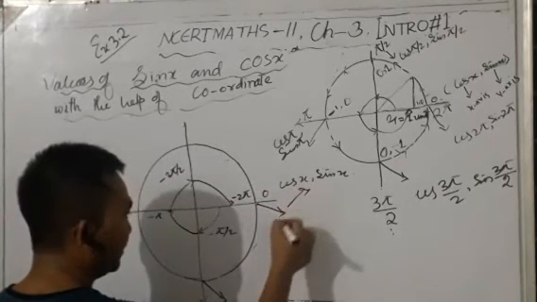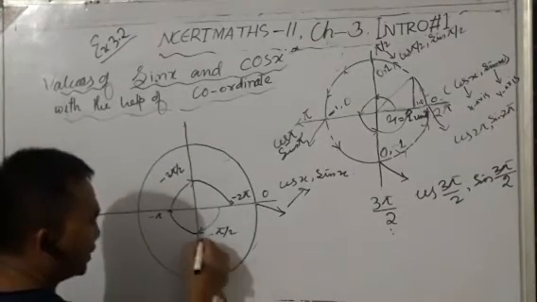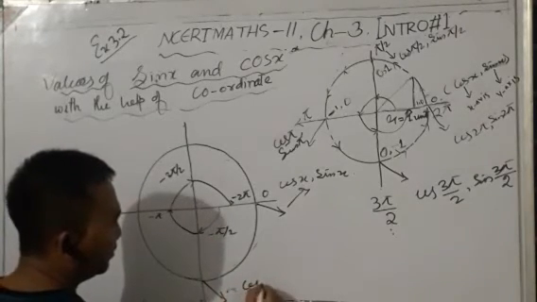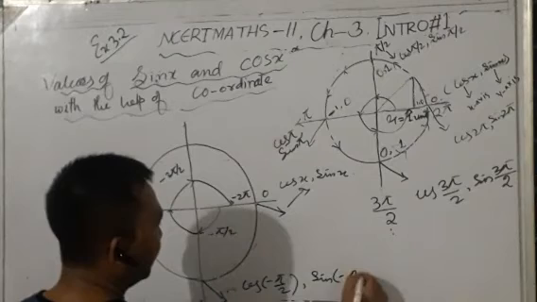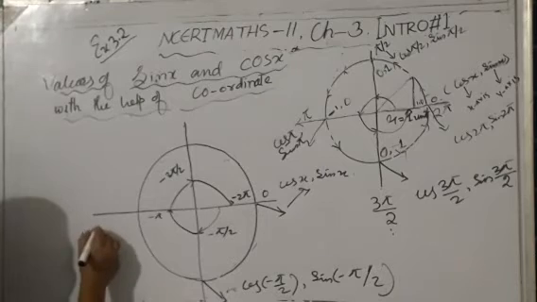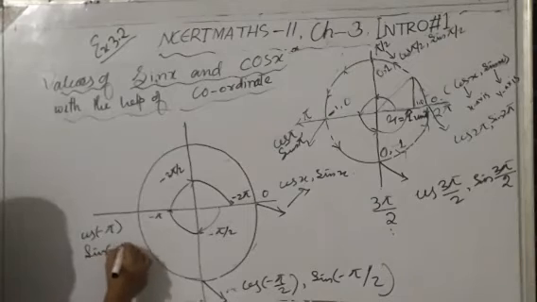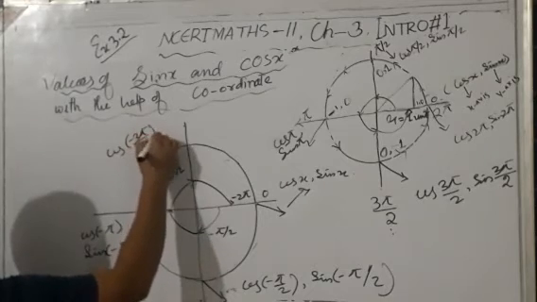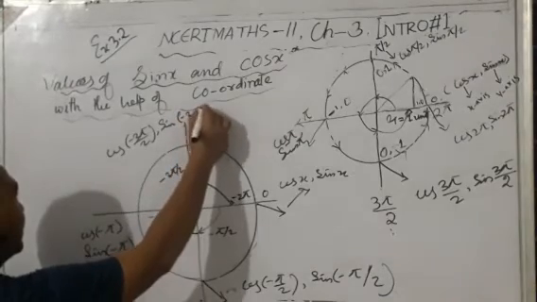For this angle, this part is pi by 2 only. So cos of minus pi by 2 and sin of minus pi by 2. And then here cos of minus pi and sin of minus pi. And here cos of minus 3 pi by 2 and sin of minus 3 pi by 2.